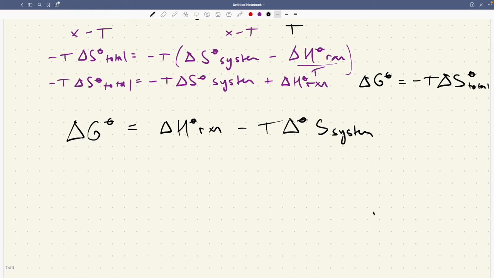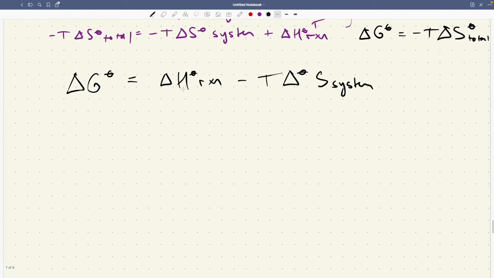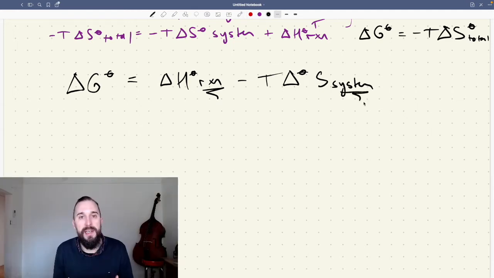Let's do one final little thing. We've got the delta H of the reaction and the delta S of the system. So what we're doing is we're just dealing with the chemical reaction at this point. The delta H, you could even say the delta H of the system, and the delta S of the system, they're referring to the same thing, the chemical reaction.